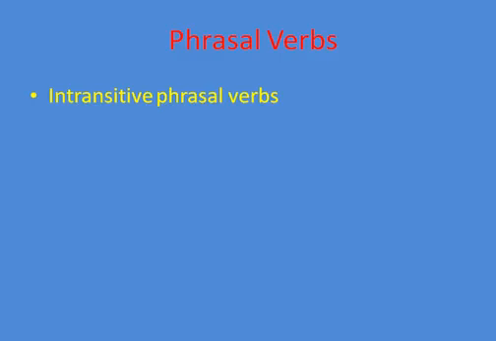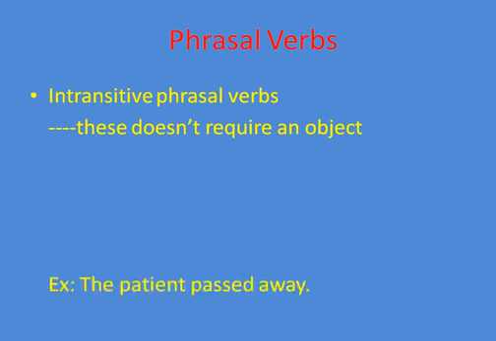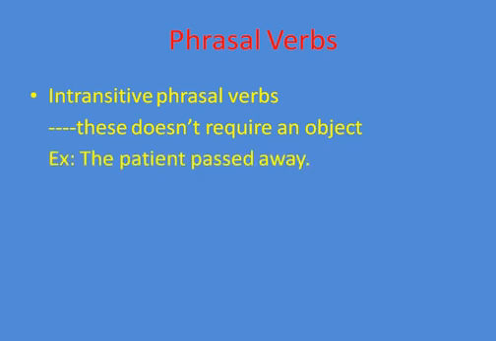The second type of phrasal verbs, intransitive phrasal verbs. As the name suggests, intransitive means that it doesn't require an object. You can understand this intransitive phrasal verb with the following example. The patient passed away.